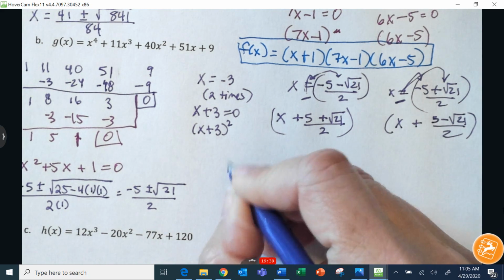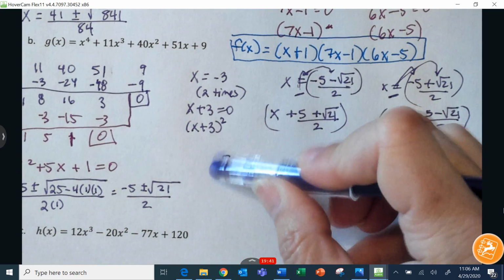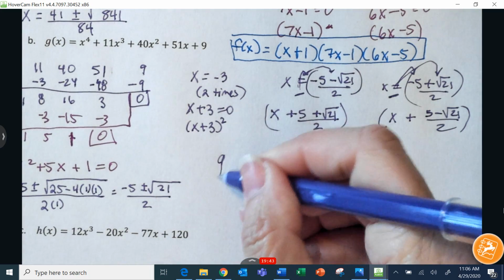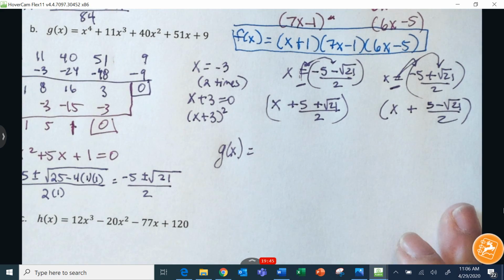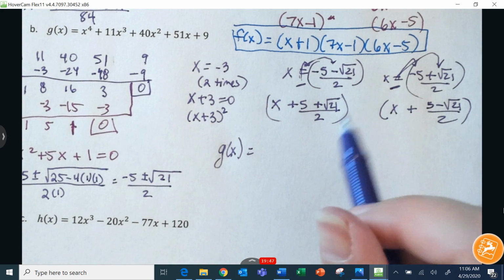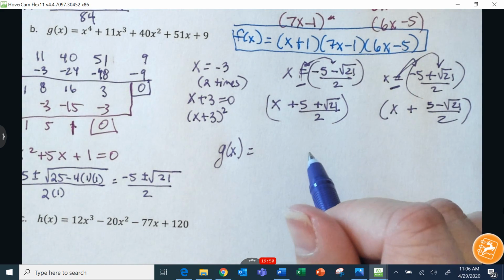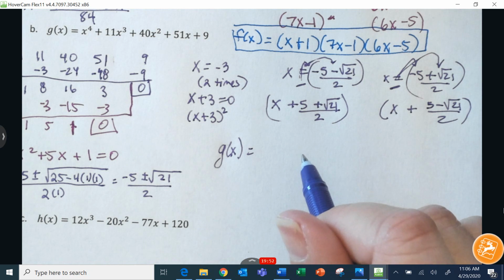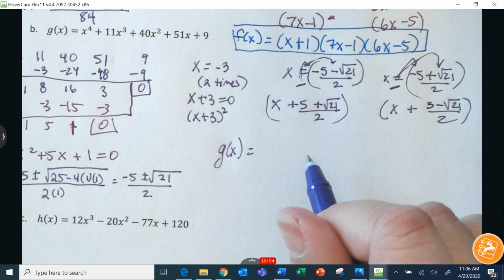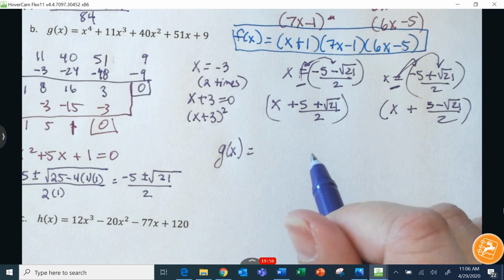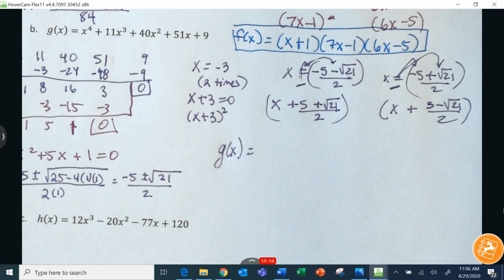So factored form, oh, this one's a g, I'm sorry, it's not f of x, g of x. We think about putting this one in order. Let me think how I would have you do it. I'm just going to have you keep it the way you see it on the calculator.